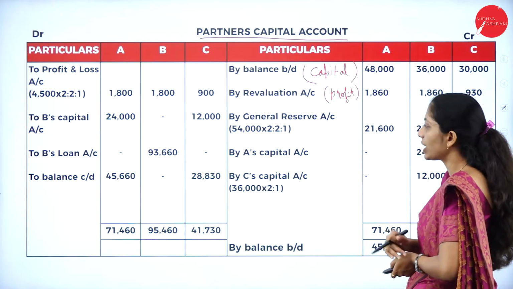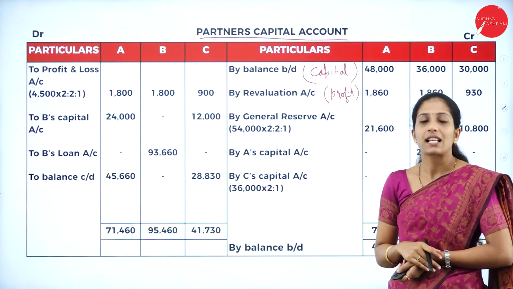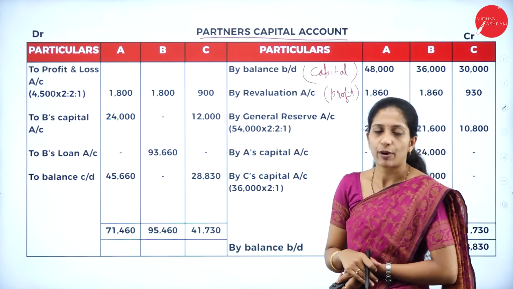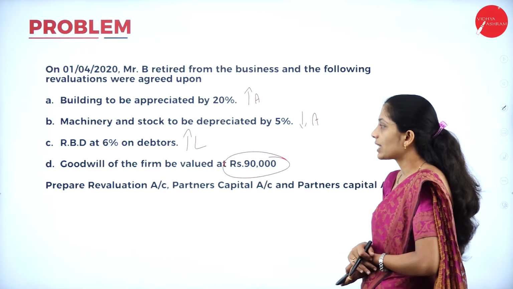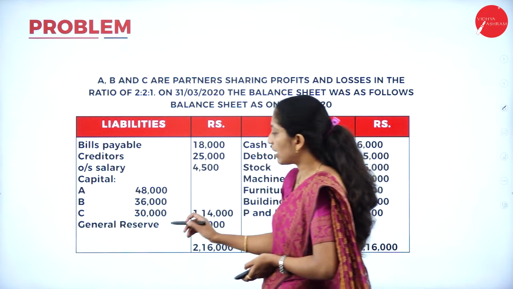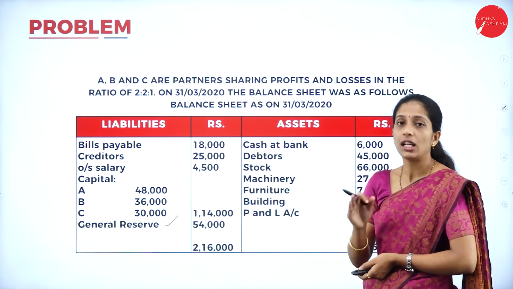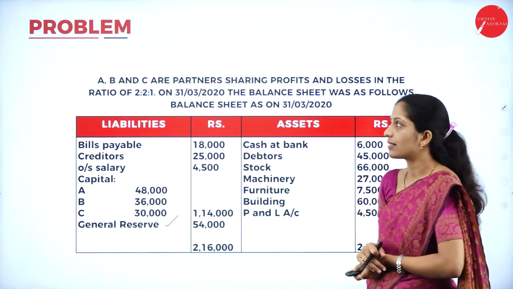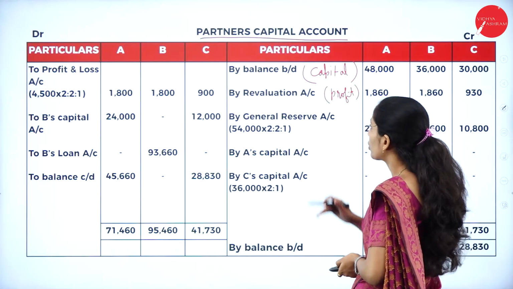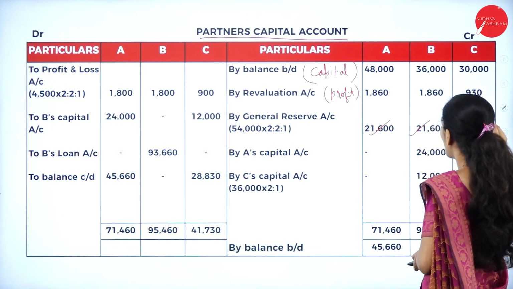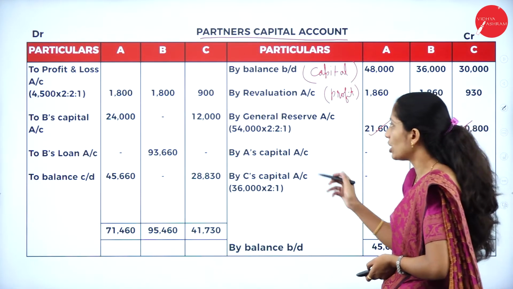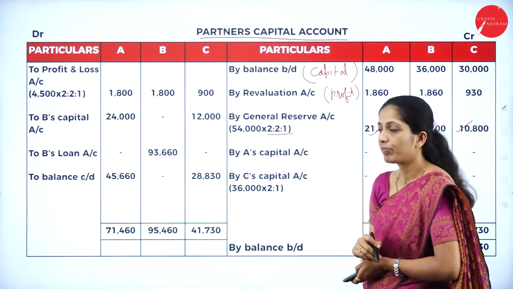Next, we will check whether there is any reserve fund as well as profit and loss account. Now, if you see the balance sheet, there is reserve. So we will transfer this reserve to all the partners, whereas in admission, we transfer only to the old partners. Right? So here you will transfer to all three partners in the old ratio.